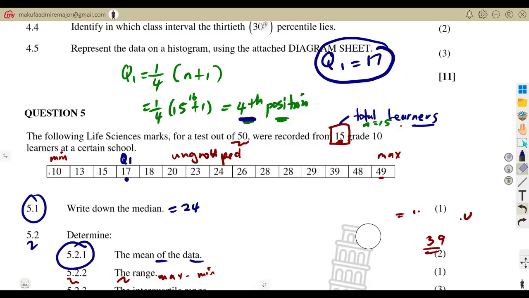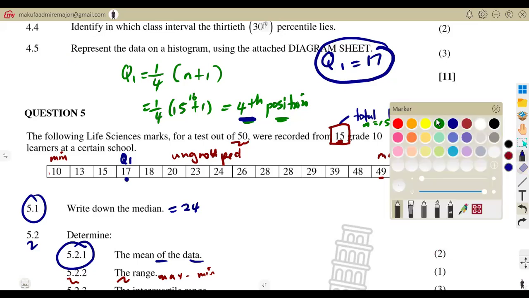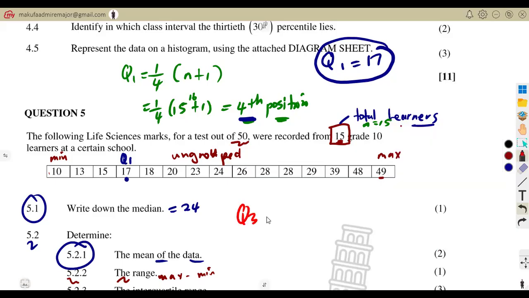This is the same thing you're going to do for the upper quartile, because it is 3/4 of the distribution. So we need its position first. 3/4 of n plus 1, the same thing. 3/4 of 15 plus 1, which is 3/4 of 16, and 3/4 of 16 gives us 12. So we need the 12th position, the 12th value in terms of positioning.